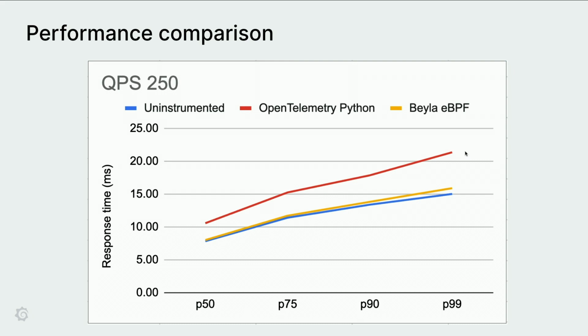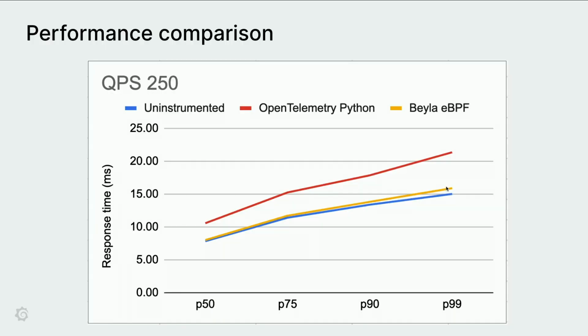The Python service needs to process the request, parse the headers, parse the response buffer, then create the traces. And with Beyla, you can also see some overhead, but it's close to the uninstrumented scenario.